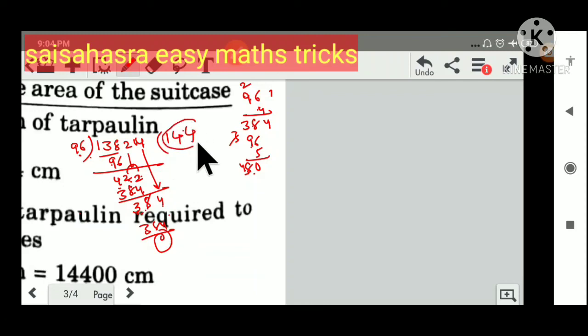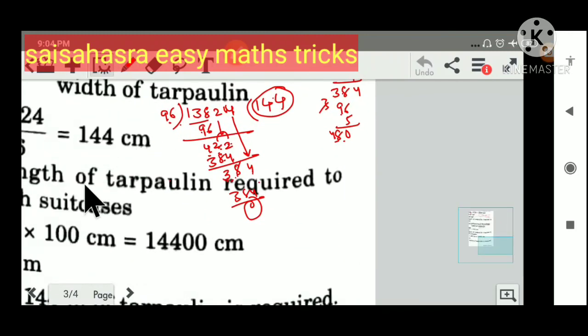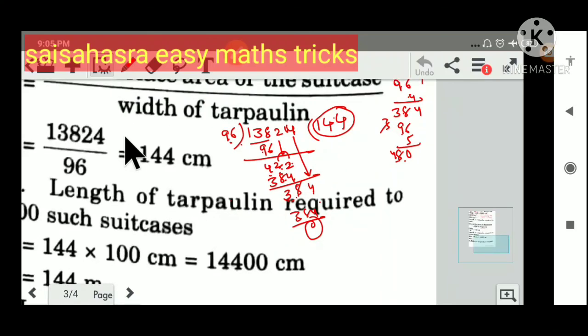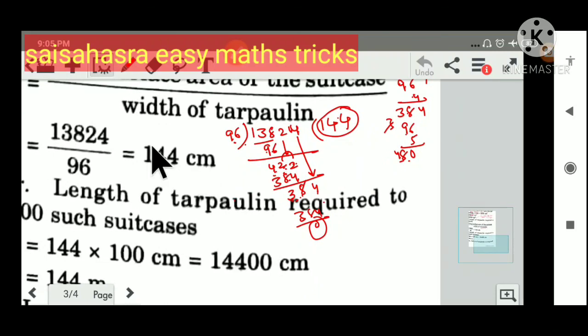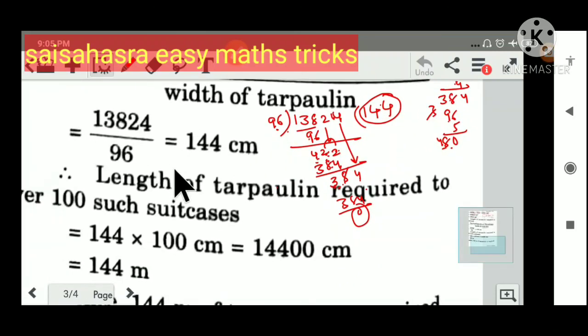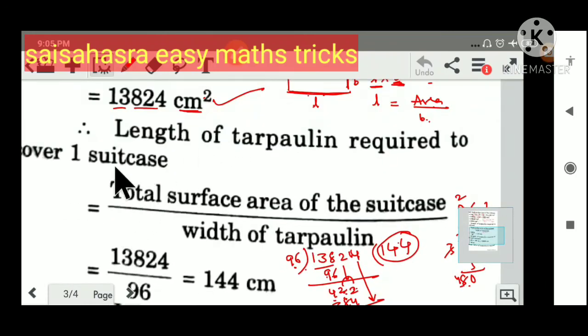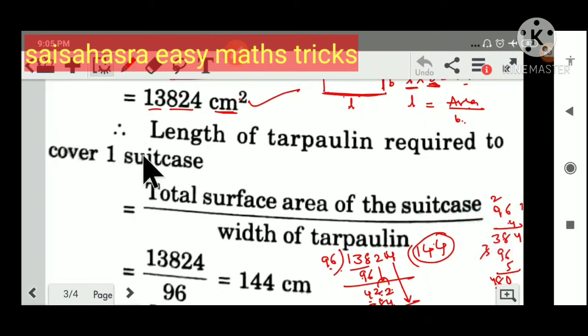So what is the quotient? 144. So when you divide 13,824 by 96, you will get 144. This is the length of the tarpaulin. Since it is length, we write centimeter. Breadth is in centimeter, so length should also be in centimeter. Therefore, this is the length of the tarpaulin required to cover one suitcase.